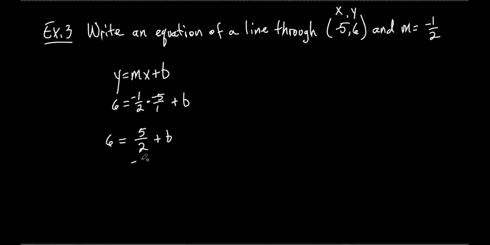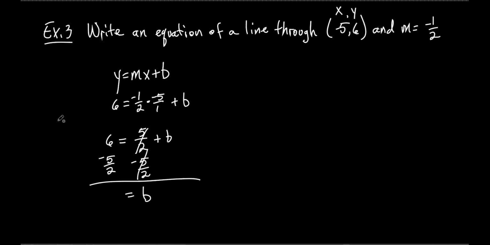So what are we going to do? Subtract 5 over 2. Then what do we have to do over here? Subtract 5 over 2. Everybody good? All right, this cancels. What do we have on the right side? b. Now, what are we going to do with this?